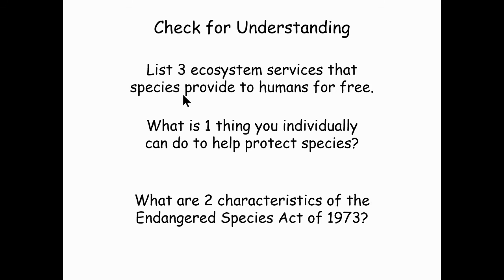Two characteristics of the Endangered Species Act of '73. Take a look at number 20. 7,000 species have been identified and are being protected. Come up with recovery programs, good.